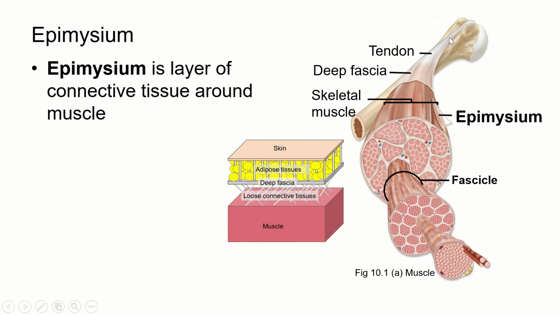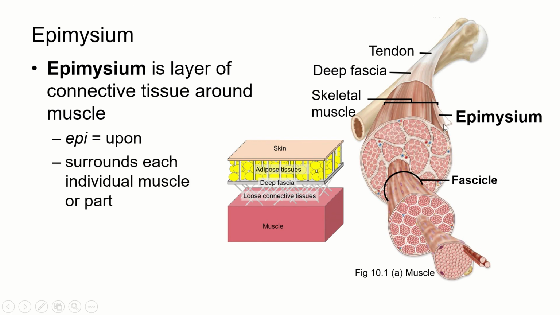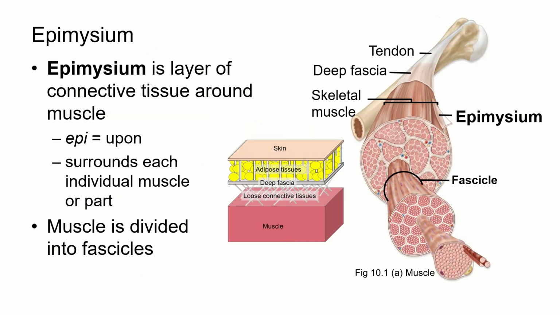So we have the tendon that connects to the deep fascia, and then we have the epimysium that goes all the way around and connects to the tissue of the muscle itself. So that's this loose connective tissue layer here. Epi, you remember, means upon, and it's going to surround each part of the muscle. So for example, the deep fascia might go around both parts of the biceps brachii. Each of those parts of the biceps brachii is going to be surrounded by its own epimysium.